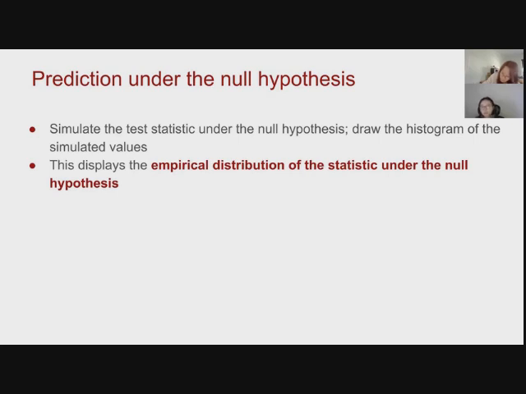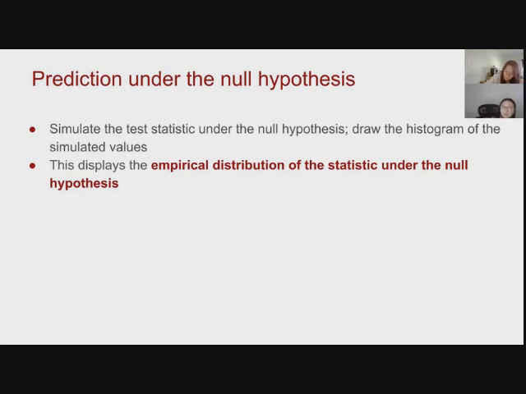The reason is that we simulate a data set under the null, and then we compute the test statistic. So the histogram we're showing is about the statistic under the null, but in particular, it's the empirical distribution because it's based on the simulation.